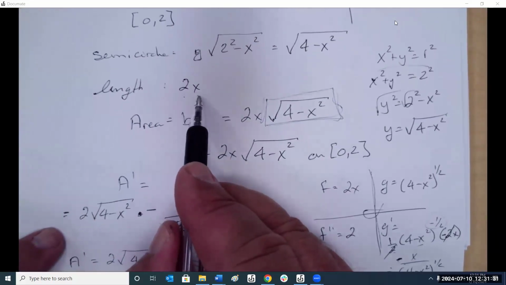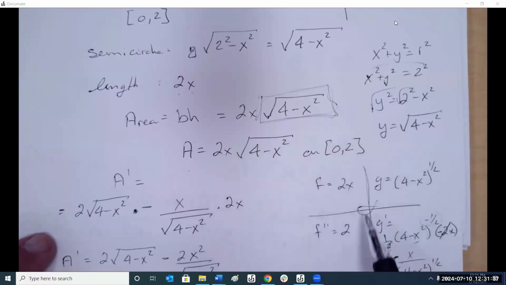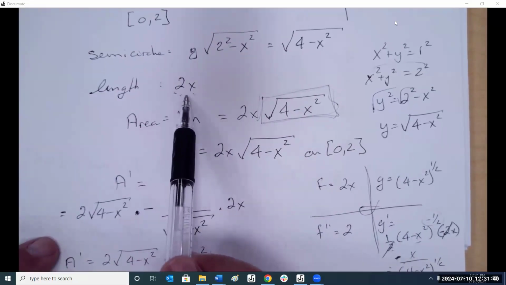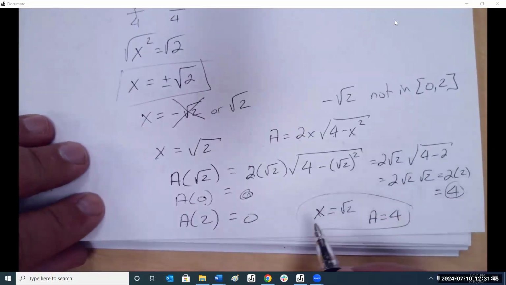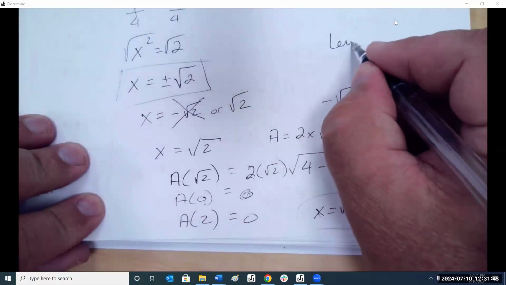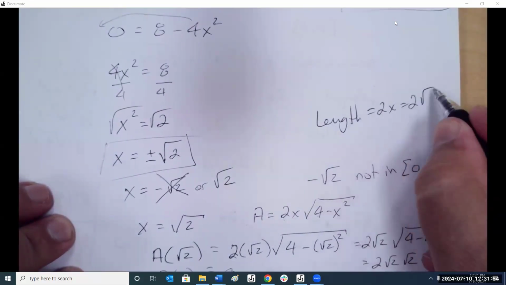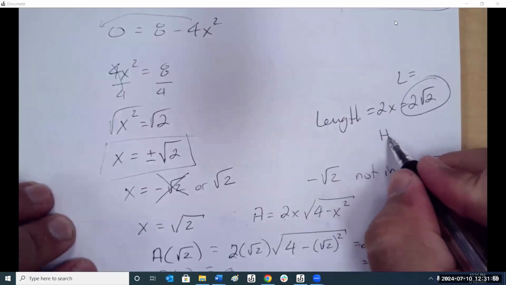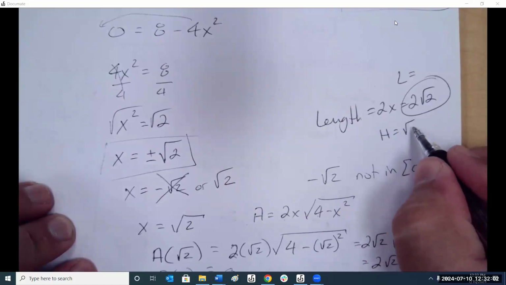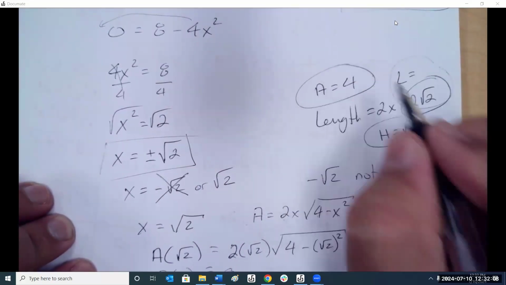Because remember, the length formula was 2x. What we just solved here was for the height value, which is the outside. Now we want the length. Length is equal to 2x, which is 2 times radical 2. And height equals radical 2. And area equals 4.